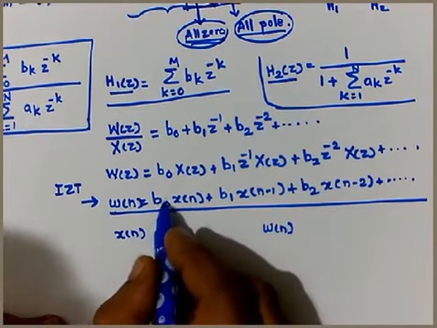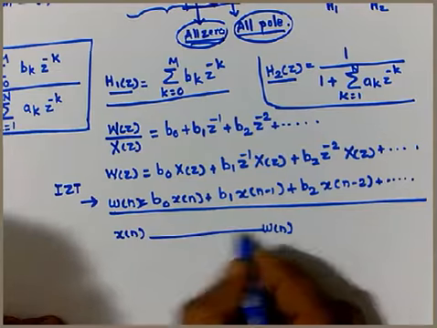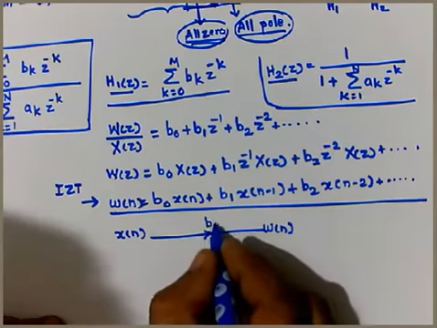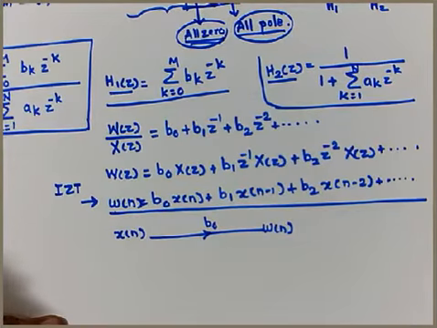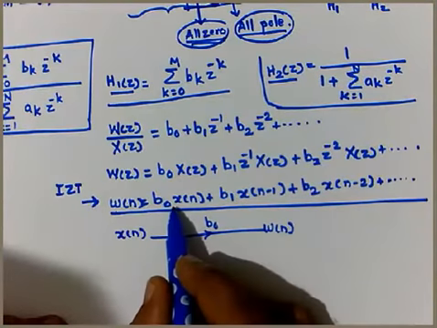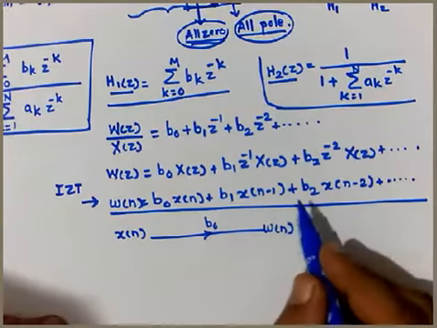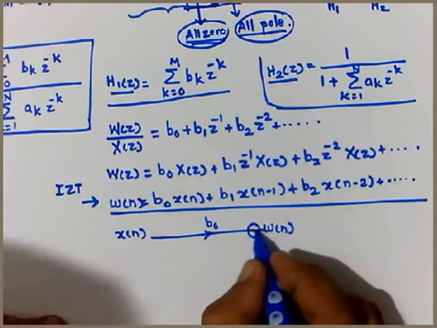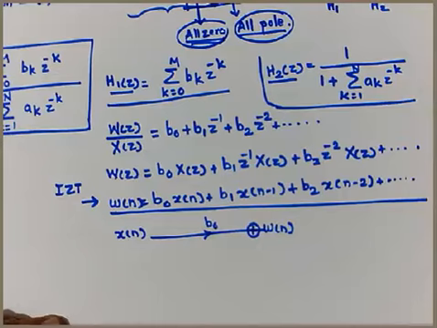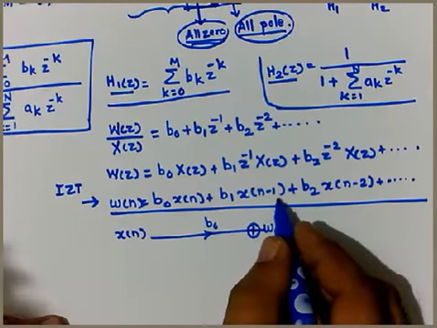Now the first parameter is b0 times x(n). So this x(n) will be connected over here with the multiplication or the scaling factor, that is b0. Now since this w(n) is the sum of all this multiplication between b and x, that's why we add here a summing block.